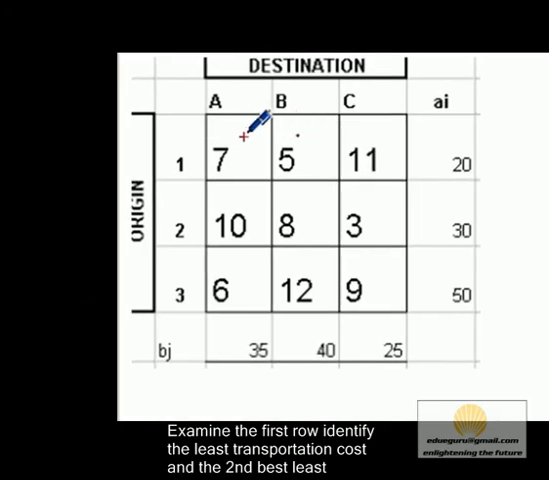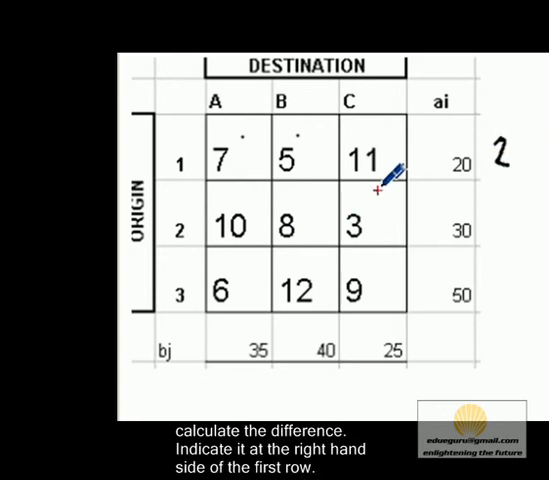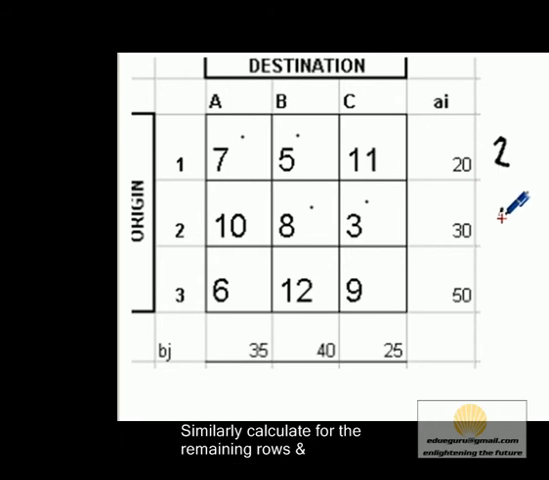The next step is to insert penalties. First we'll check the first row and identify the least cost and the second best cost, and we'll take the difference of the two against the first row. So here we have 2 against row 1. Similarly for the second row we have 3 and 8, the least and the second best cost, and the difference is 5.